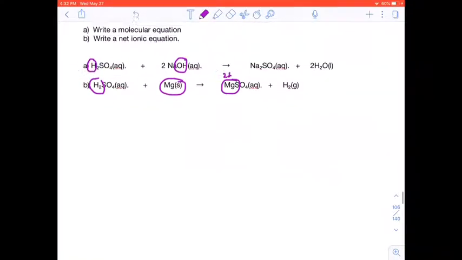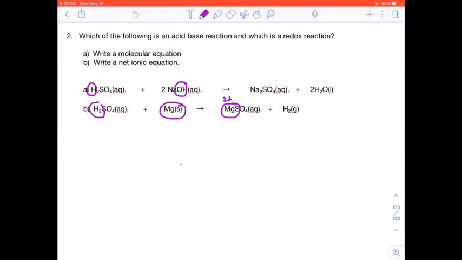ionic equation. So let's say, for instance, for A, we can say, okay, 2H plus aqueous plus SO4 2 minus aqueous, right? And that plus 2Na plus aqueous, right?